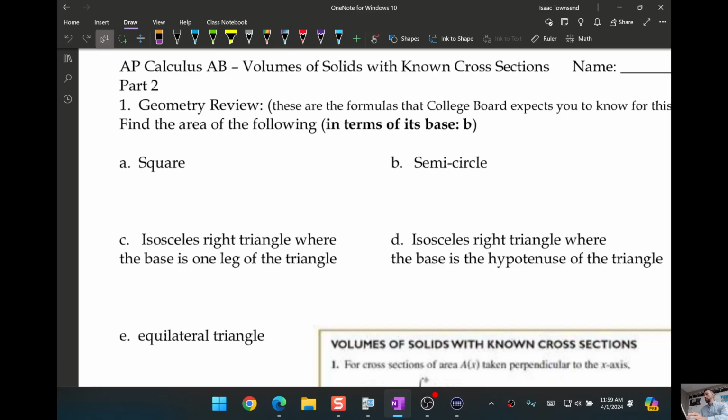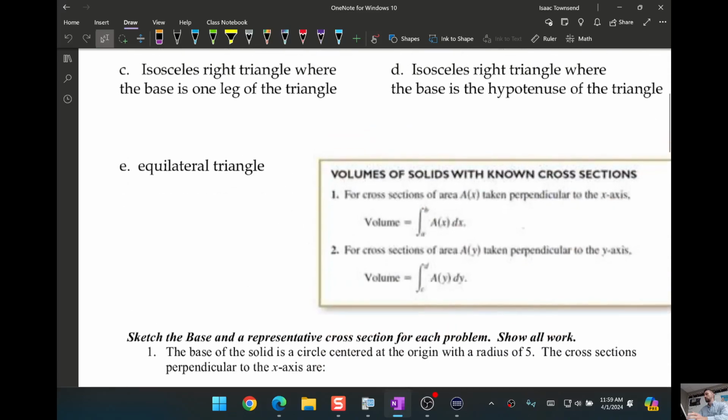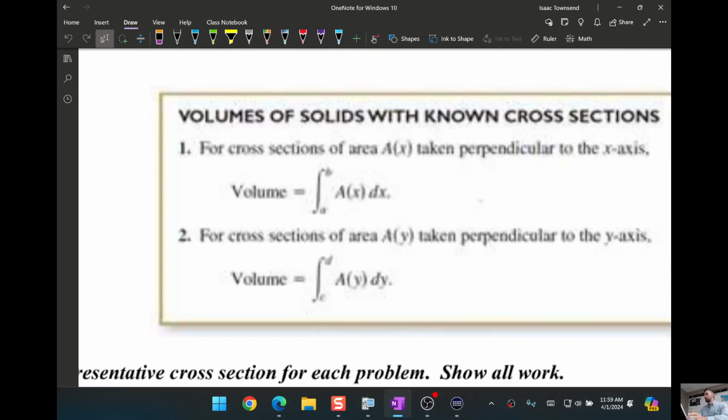So this is when we had known cross sections like squares, semicircles, equilateral triangles, or isosceles triangles. We wrote those formulas in terms of their base. And then really, we just integrated the area as a way to add up an infinite number of those shapes, and adding up an infinite number of areas tilted on their side gave us the volume of the three-dimensional shape they would create.